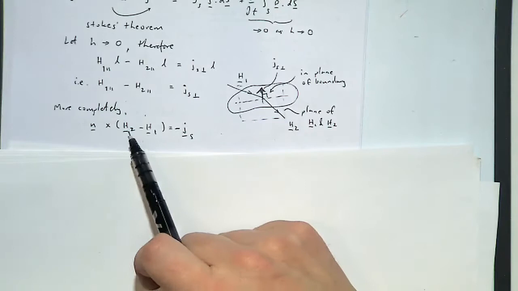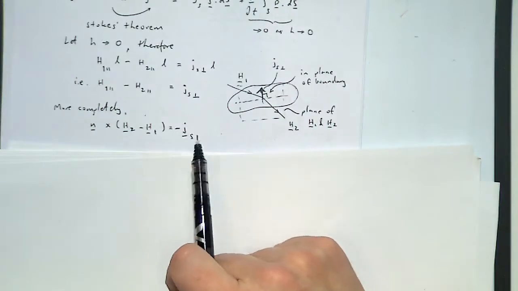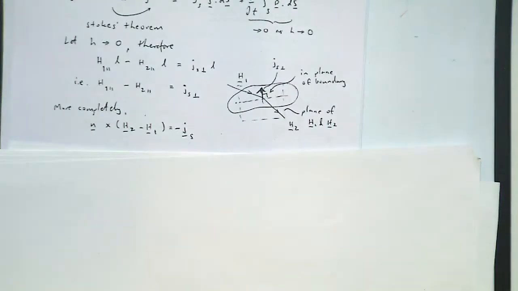This is saying that whatever the difference in H is, it is equal to the current flowing at right angles to that difference. That's a preamble. Have a read through of the notes and go through that one more time so that you're happy with that. Hopefully that's all familiar.